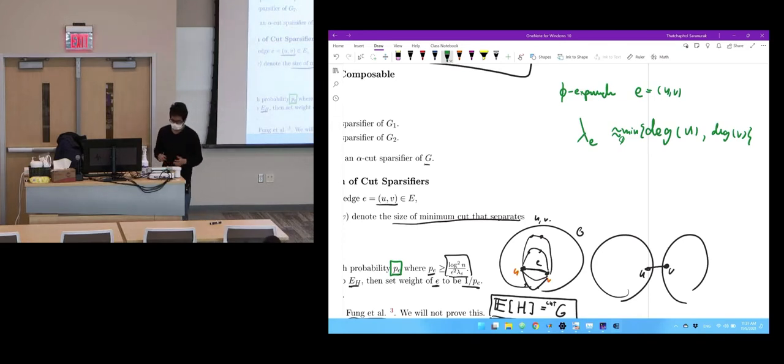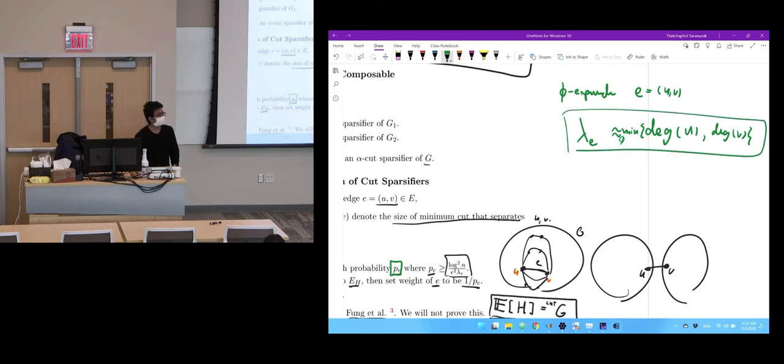Once you get the union of expanders, you can now sparsify each expander using this trick. It's now very fast on each expander. And what do you do next? Just combine everything. Just union all the sparsified pieces together. You will get a sparsifier of the whole graph, right?